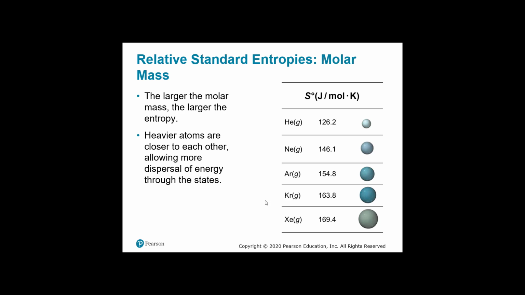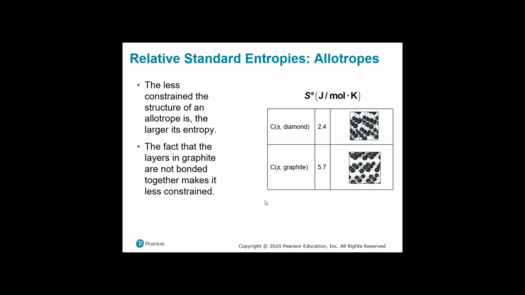They have greater entropy because they're closer together, which allows a greater dispersal of energy compared to the smaller ones that are more spaced apart. That makes sense. So molar mass, the larger they are, allows more dispersal states of energy. Got it.